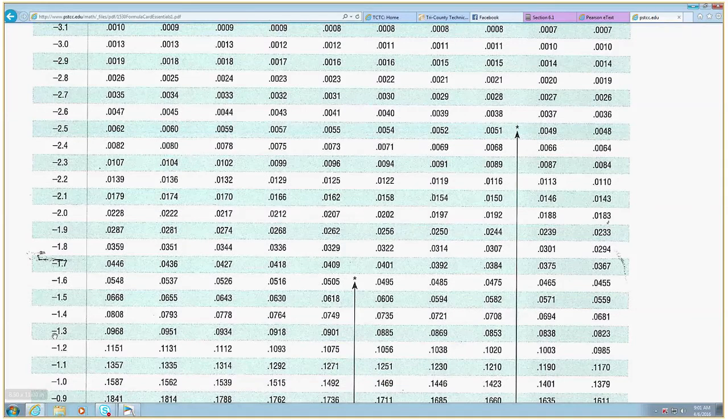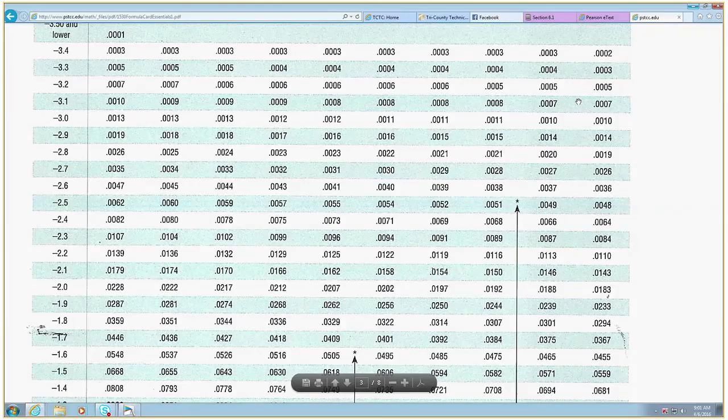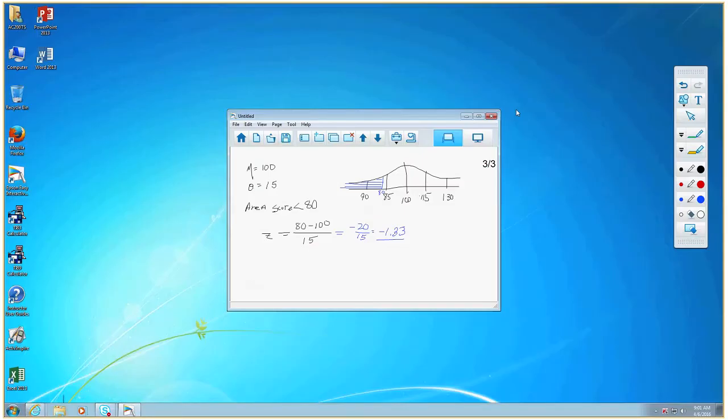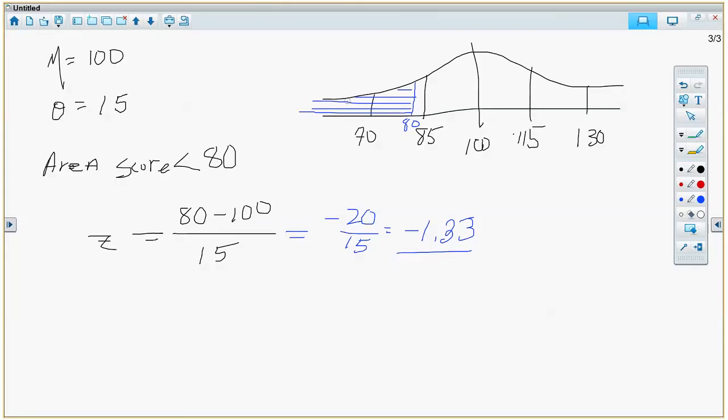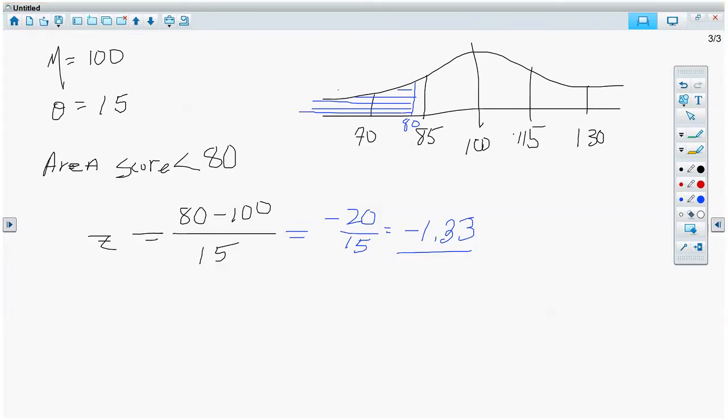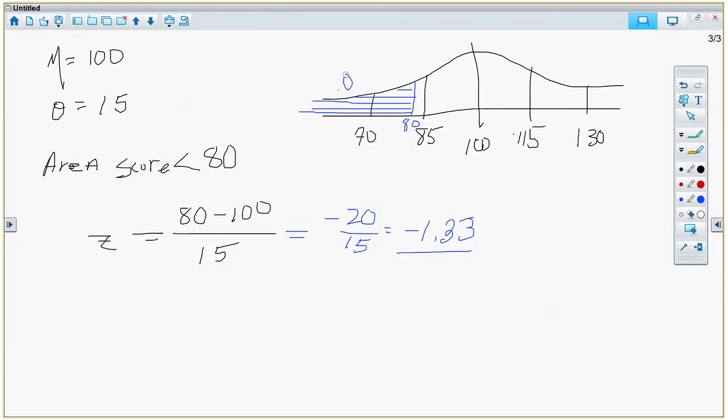Negative 1.3, then 0, 1, 2, 3. 0.0918. So what is 0.0918? It is this blue area right here, the area below the score.